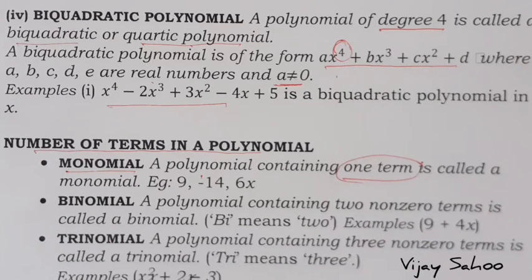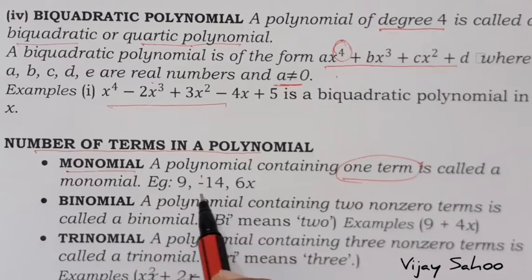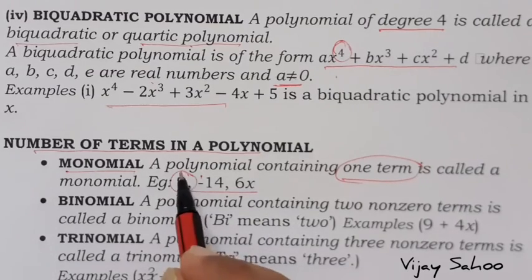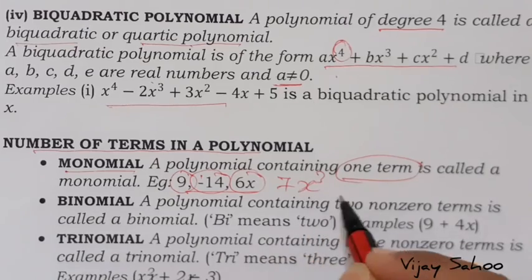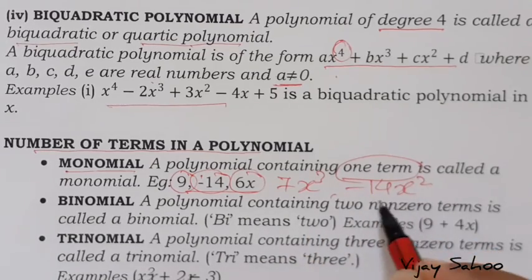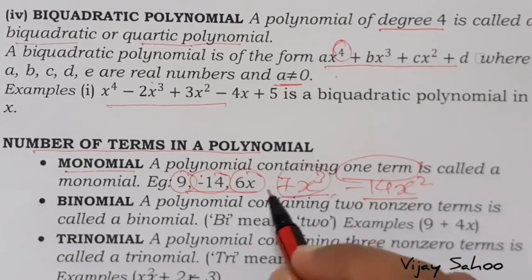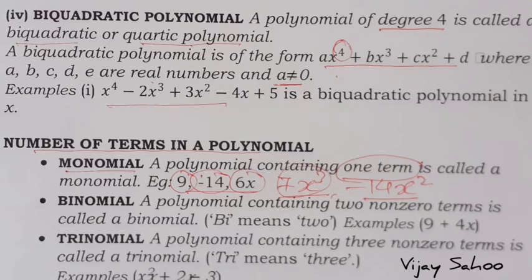If you split the polynomial and count those numbers, we'll consider each as a term. So here, a polynomial containing only one term. It means if in a polynomial you are getting a single term, either 9, or minus 14, or 6x, or 7x cube, minus 14x square, or if your equation is having only one term, then it will be considered a monomial.